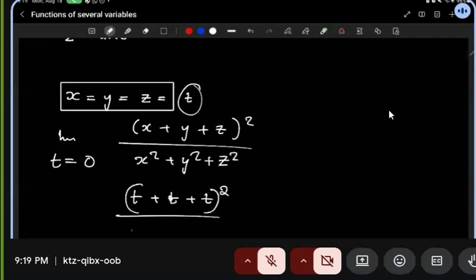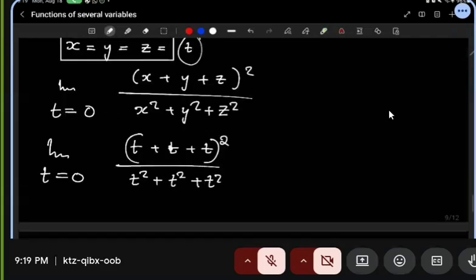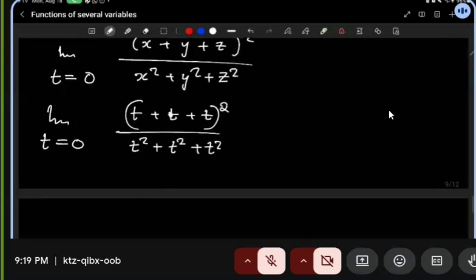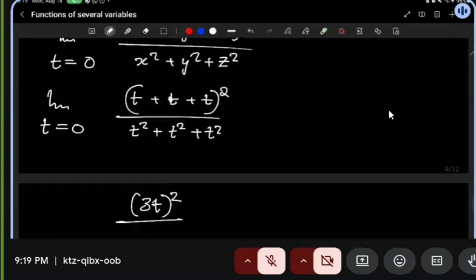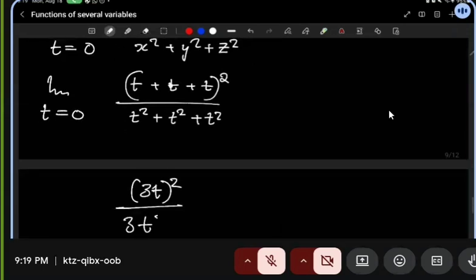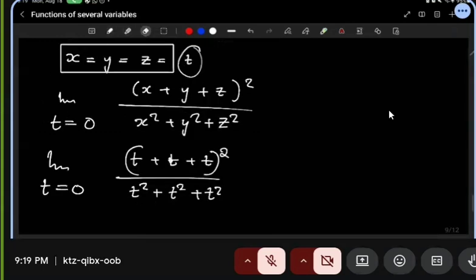Here we have t squared plus t squared plus t squared, the limit as t approaches 0. Notice that in the numerator, we're going to end up with 3t being squared. In the denominator, we're going to have 3t squared. I say t approaches 0, sorry.